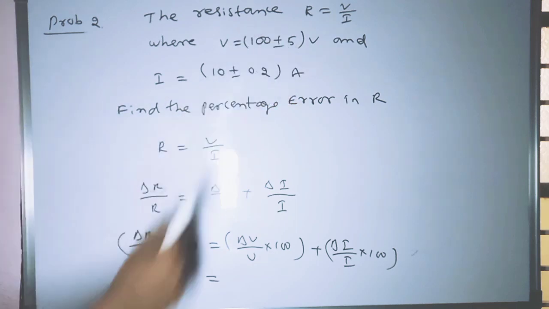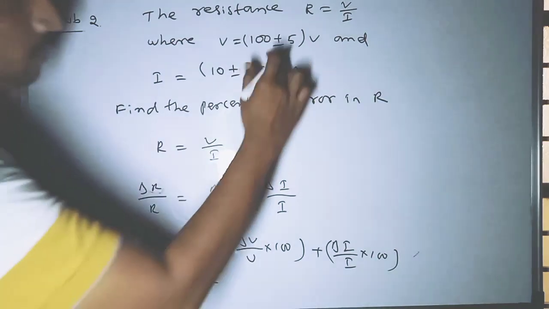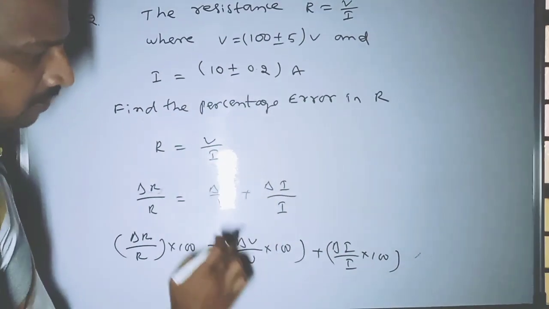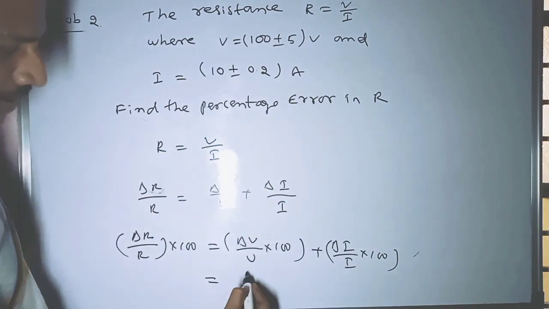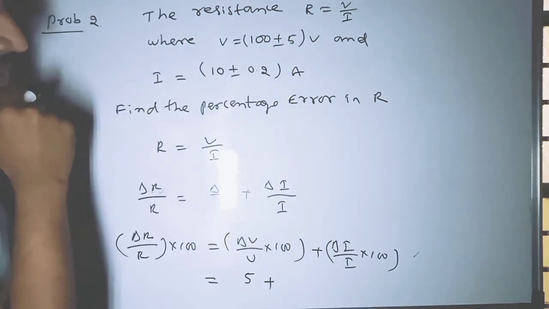This is the absolute error; the absolute error is 5. Very simple. So 5 into 100 over 100, that is nothing but 5%. Here 5% plus delta I by I.